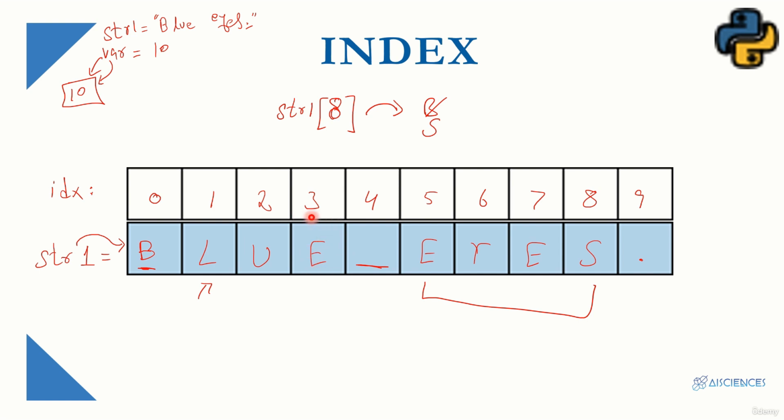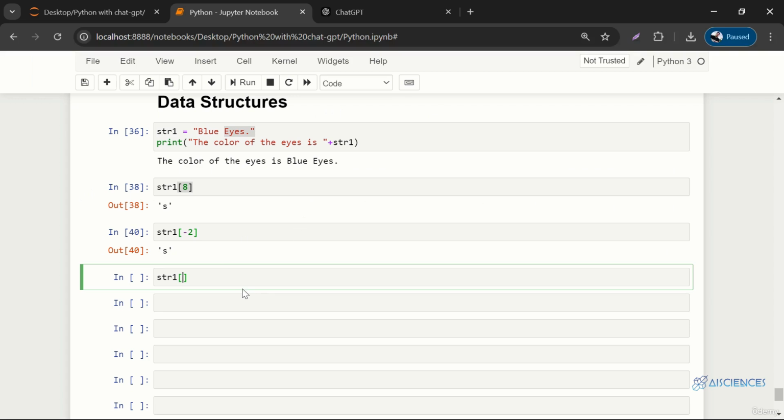So index of E is 3, right? So 0 and 3. Cool. So I'll write 0 and 3, but I have to separate them by using some character. So that character is going to be colon. So 0:3. At left-hand side of the colon, we have starting point. At right-hand side of the colon, we have ending point.